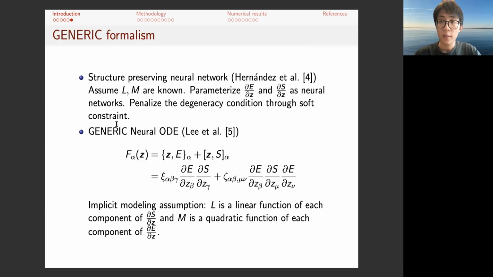If that implicit model assumption holds, then of course their generic neural ODE will achieve a good result. But if such an assumption doesn't hold, then they cannot have the desirable predictive performance.